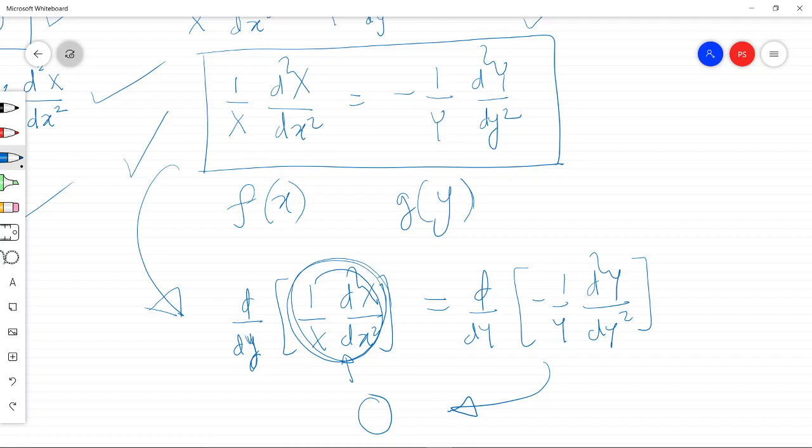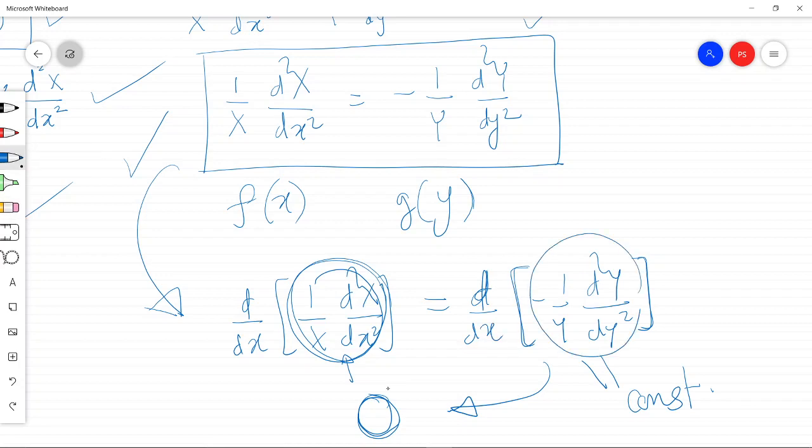And hence, since the derivative of this term is coming out to be 0, we can claim that this term is a constant. Similarly, we can try out by replacing this y by a derivative with respect to x, and again argue similarly.